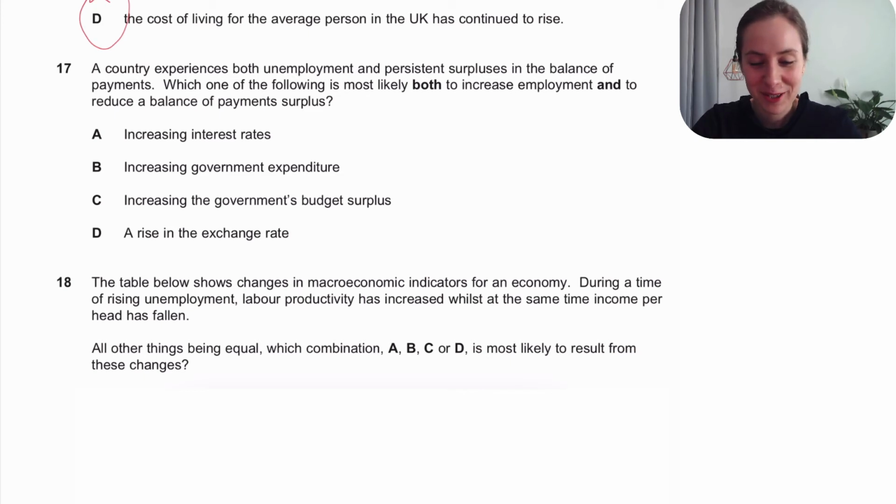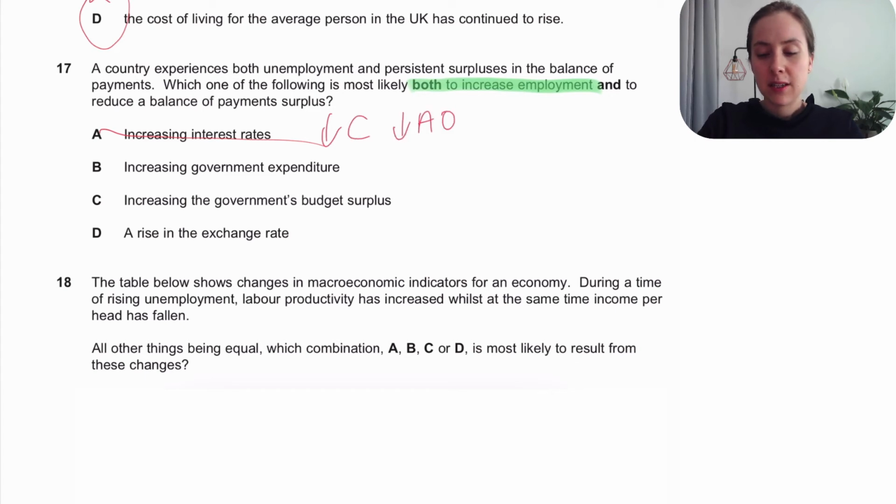Okay, which one of the following is most likely both to increase employment? Wow, okay, I'm taking this in chunks. Let's look at a policy to increase employment. Increasing interest rates will not help, because that will decrease consumption and decrease AD. Decrease AD decreases Y, which decreases employment. This sounds good. This will increase AD, which will increase output, which will increase employment. Increasing budget surplus. Okay, budget surplus means you are spending less than your tax.